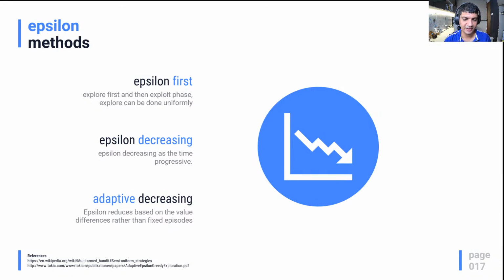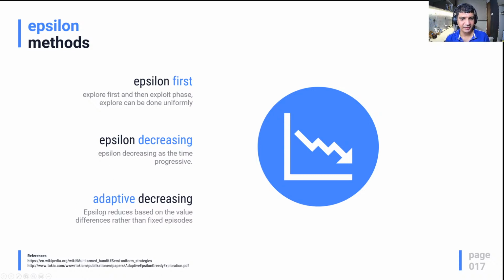This is similar to the learning rates you had seen for deep learning or neural networks, where as time progresses, you will have some sort of schedule for decreasing that. It could be step, linear, exponential or a cosine formula. There are a lot of different ways in which you could look at it. And that would be called epsilon decreasing.